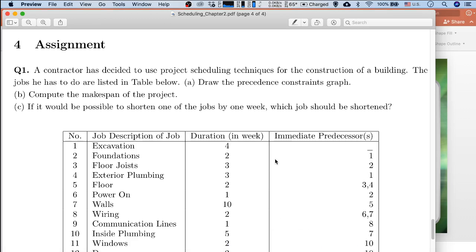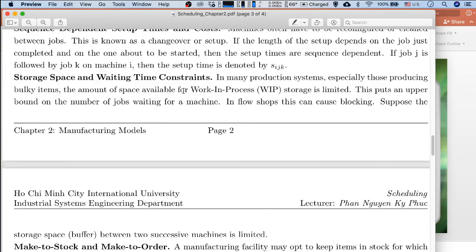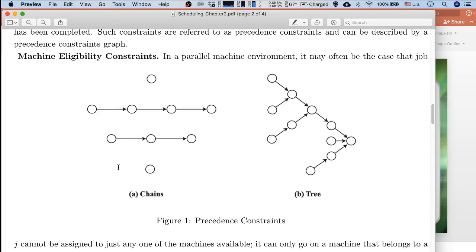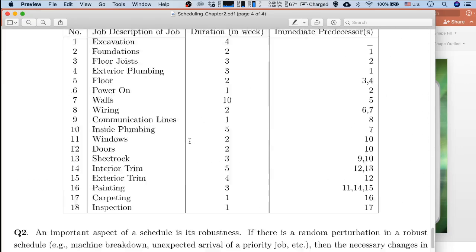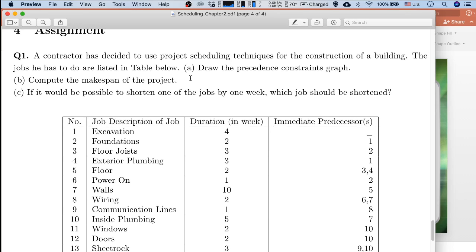Now let's return to the note, right? First of all, you are asked to draw the precedence constraint graph, right? You can make reference to here to draw it by yourself. The second one, you are asked to compute the makespan of the project, so the maximum completion time of the jobs here, right?